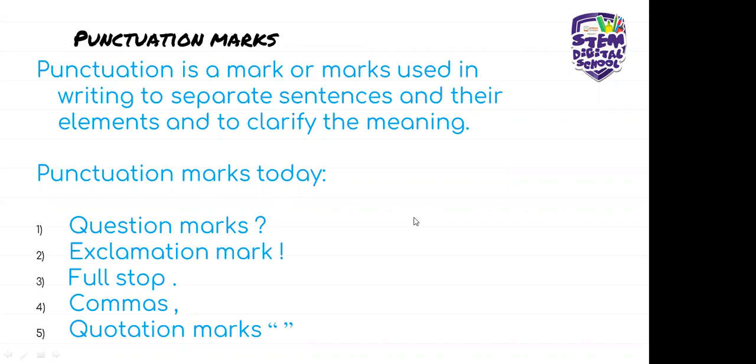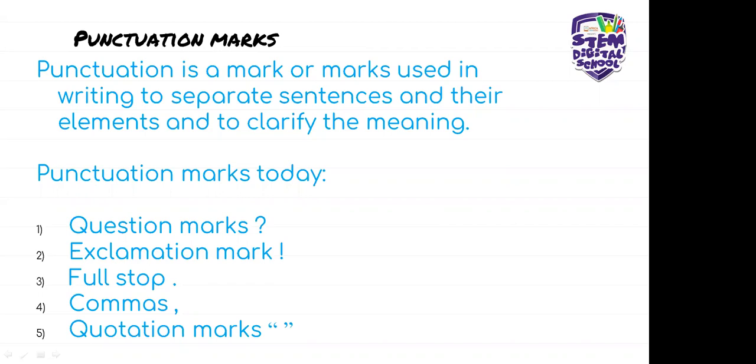Like I told you last time we did this, if there's no punctuation mark in a sentence, it's very difficult to read. Okay, so the punctuation marks we're going to use today are question marks, exclamation marks, full stops, commas, and quotation marks. Okay, the other word for quotation marks is inverted commas. Okay, you have that.